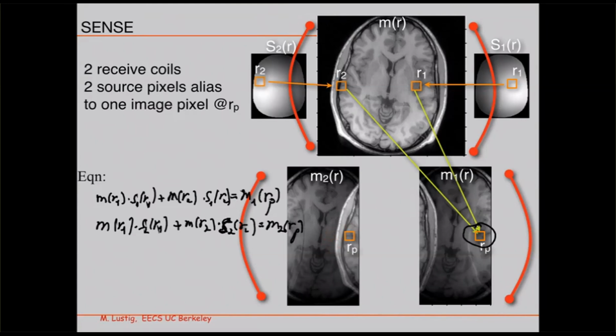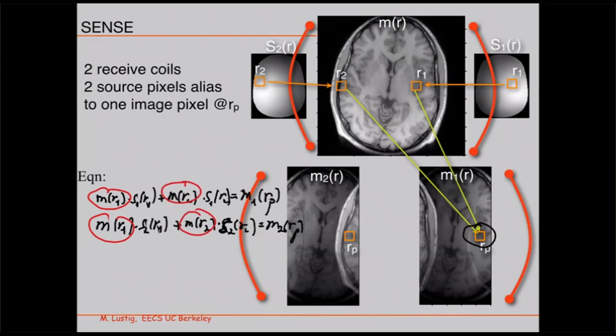So I've got two things that I know. I know S1 at R2, I know S1 at R1, I know S2 at R2, I know S2 at R1. We said we know the sensitivities, but we don't know M at R1 and M at R2. So these we don't know, but these are just two values, right?